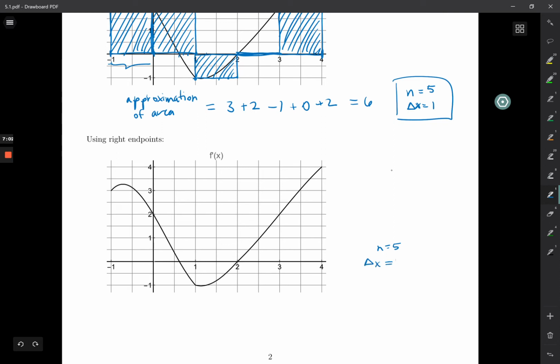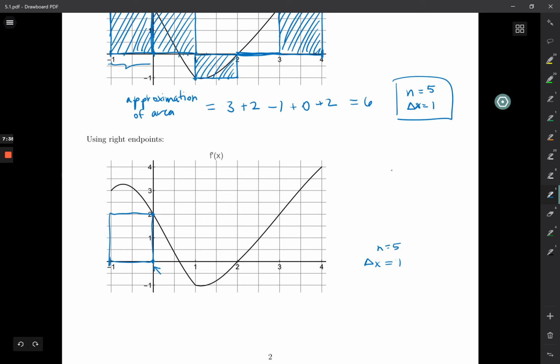So the only difference between what we're going to do here and what we just did is that we're going to use the right-hand side of the intervals to find the height of the rectangle. So starting from -1 to 0, we start at the right-hand endpoint of the interval, and we follow it up to the curve, but now we draw our rectangle in this direction.